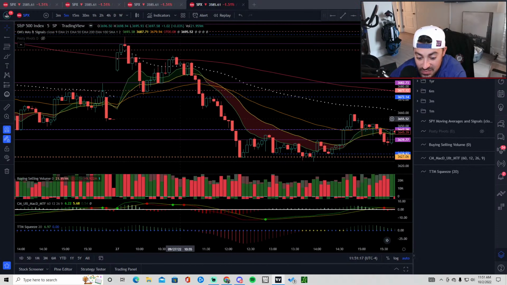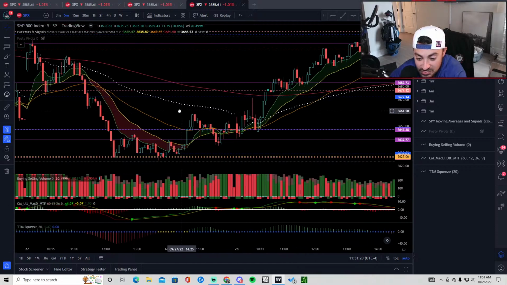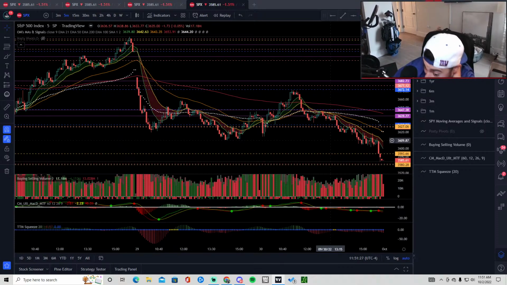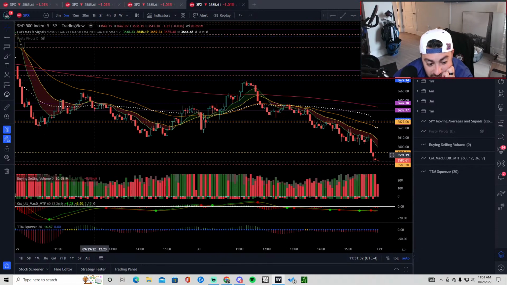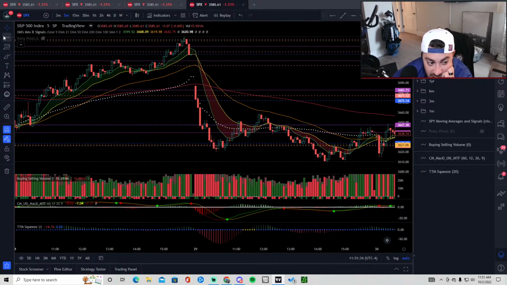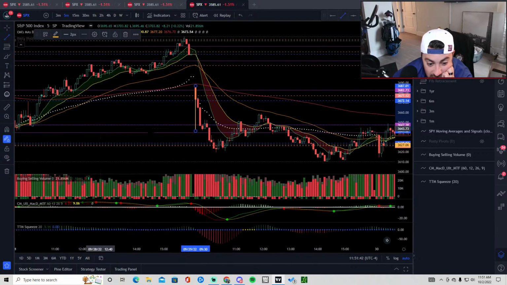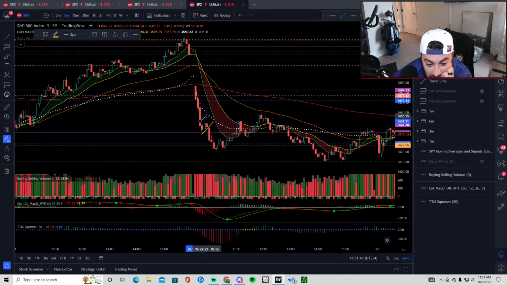I love that. I think flags, both bull and bear flags, I love. Like for example here, this is like a perfect flag. Flag right there, came down.